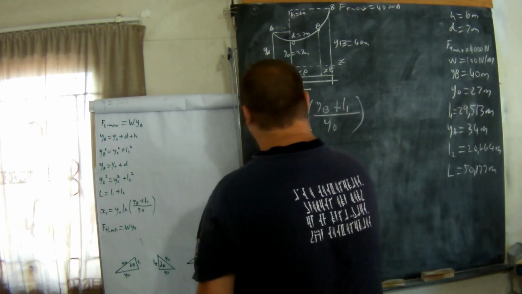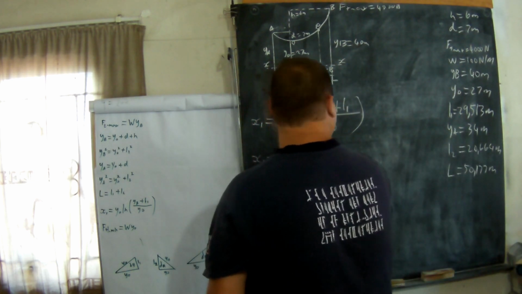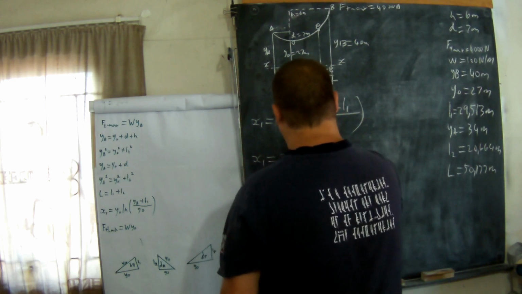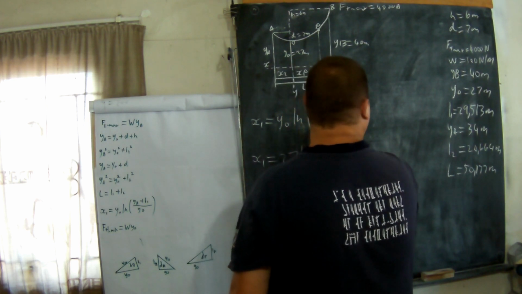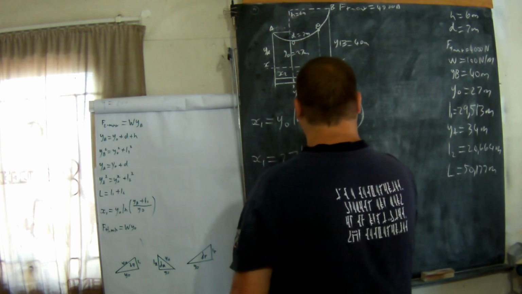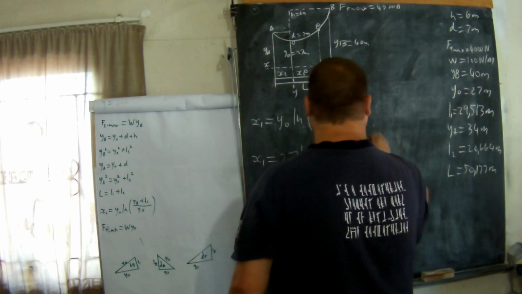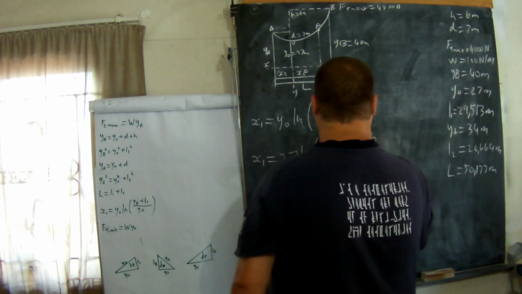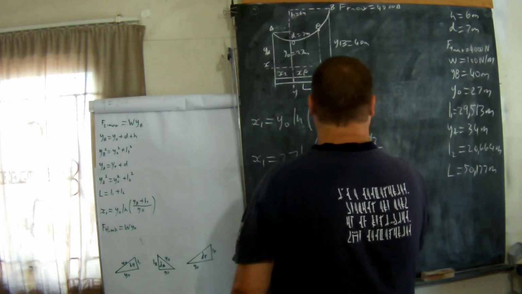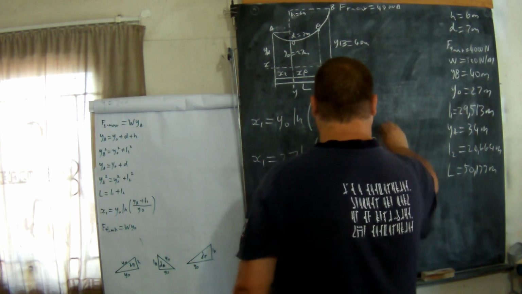So x1 is equal to 27 ln of (YB, which is 40, plus L1, which is 29,513) all over 27.